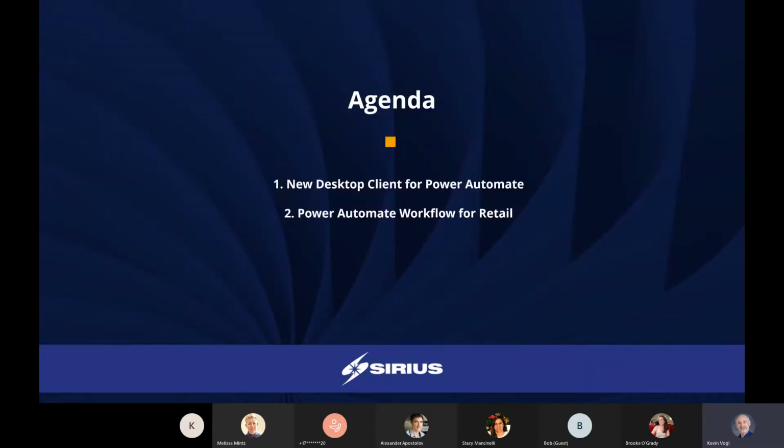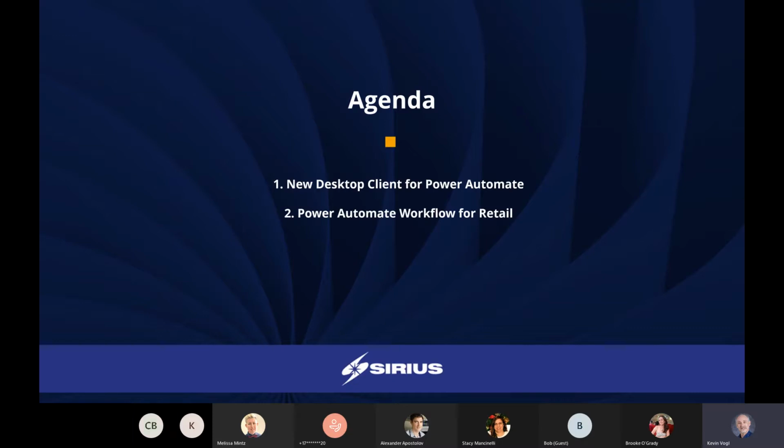All right, so let's talk about what we're going to cover today. So the new client desktop for Power Automate, pretty cool application. A little bit different than what you're probably used to if you were using Power Automate in the cloud. You'll see that the one for the desktop actually gives you the ability to work with some applications on your desktop.